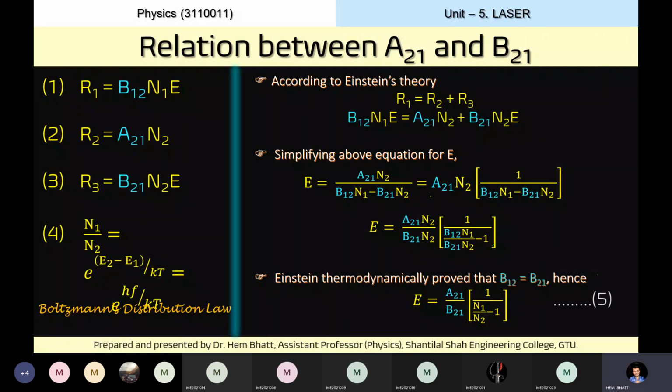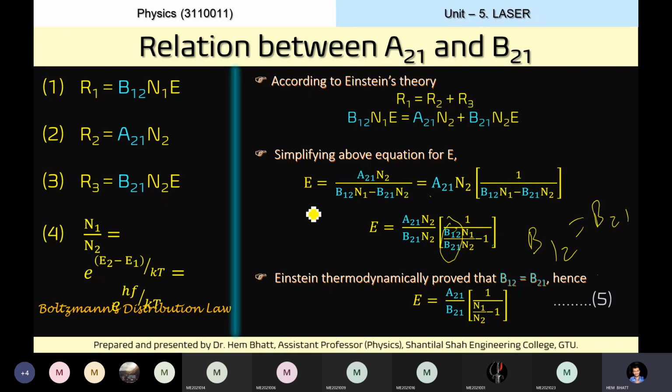Is this okay? We just have considered this two to be equal because according to Einstein's theory, જેટલું stimulated absorption થાય એટલું stimulated emission થાય. Stimulated emission વધારે હોય and stimulated absorption ઓછું હોય એવું ન બને because it is nature of material. Okay, so B12 has to be equal to B21.